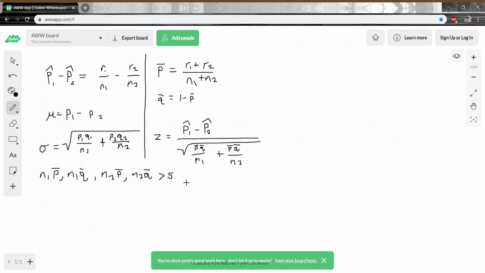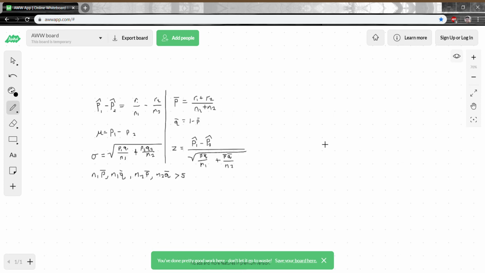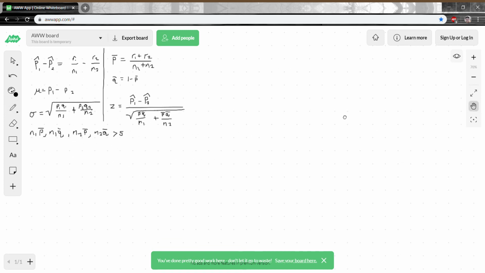And that is coming from section 7.6. That's not a new thing, that's just we need our sample sizes to be large for this binomial distribution to be approximated as a normal distribution. Now that we've laid some groundwork equations, you can read over the procedure on page 439.